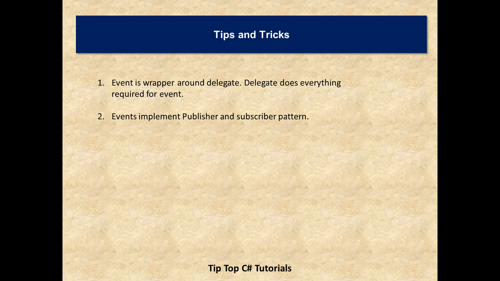Events and delegates combined address this publisher and subscriber pattern. Events are triggered synchronously. This should cover the basics of the event, how to raise an event, and also a few insights of the event. We'll try to come up with another video where we talk about the internals of events and custom event arguments as well.